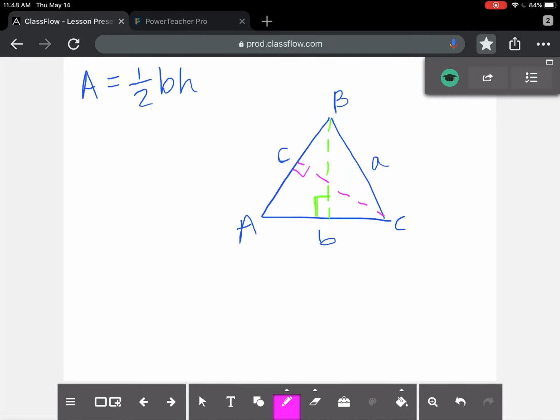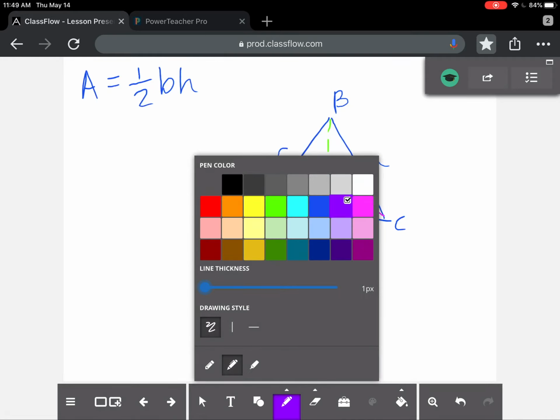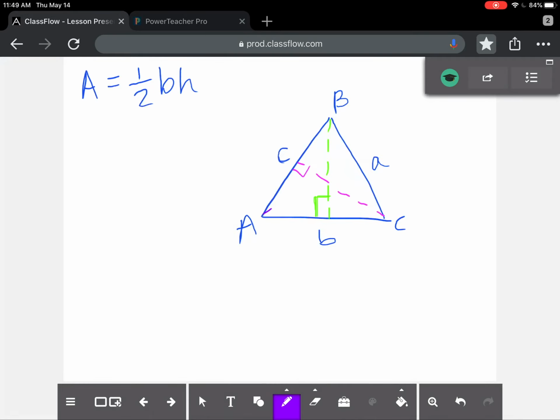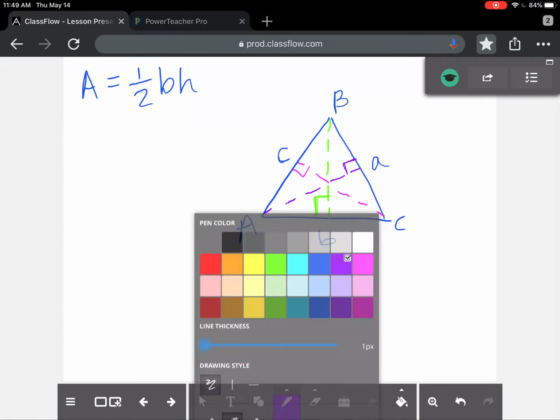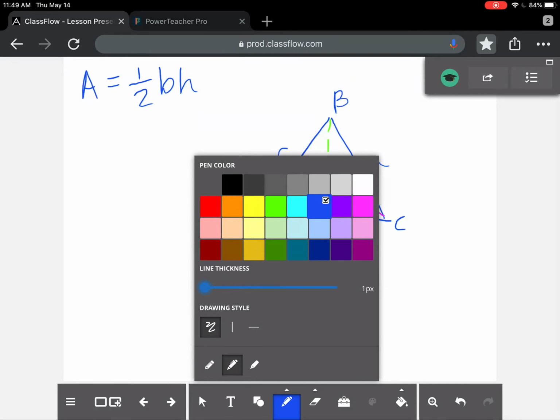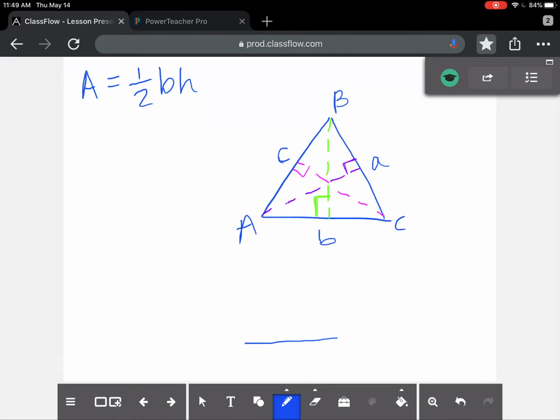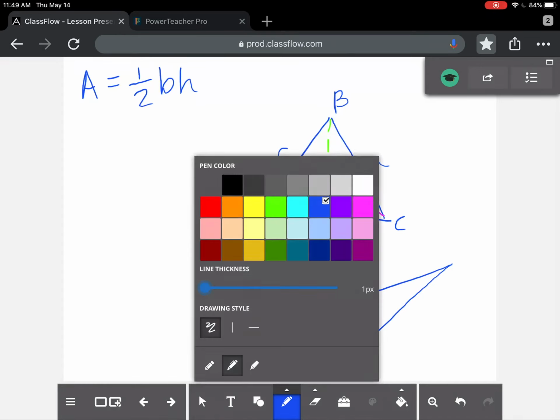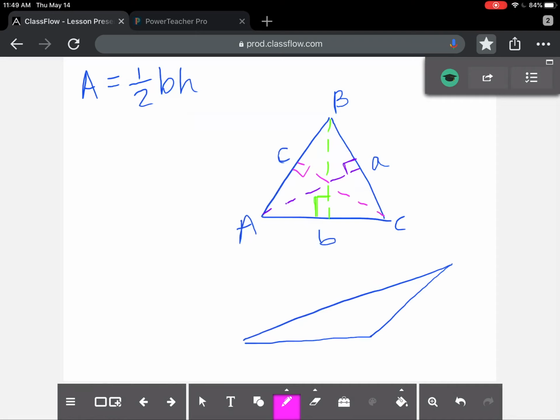If you're taking the height from angle B, it has to be perpendicular to side length B. If you're taking it from angle C, it has to be perpendicular to side length C. And if you're taking it from angle A, it has to be perpendicular to side length A.